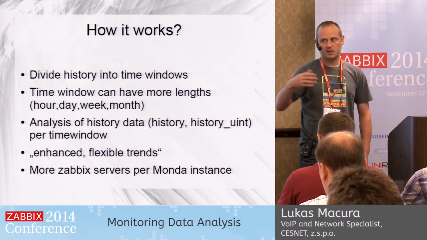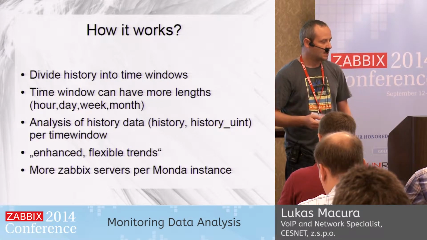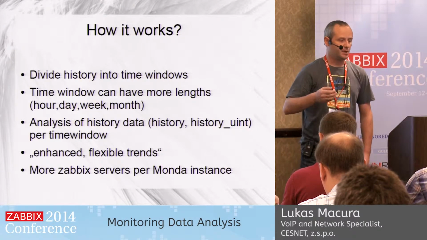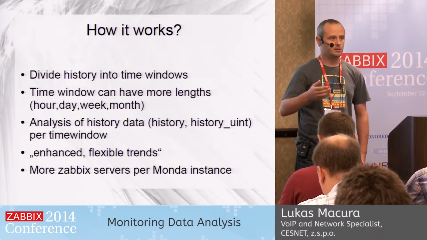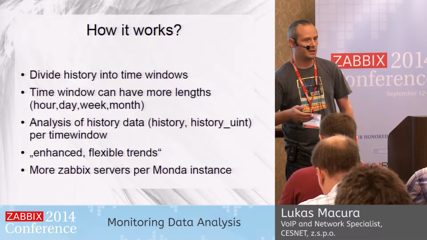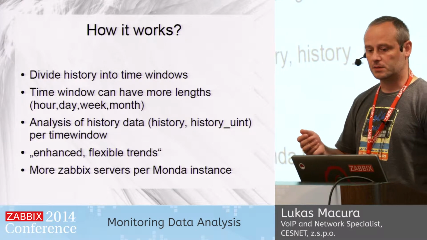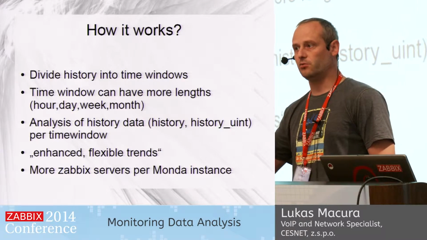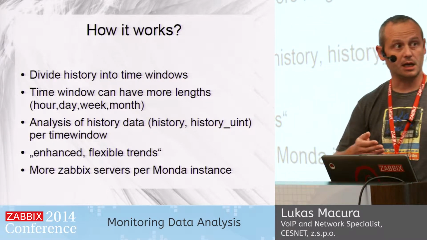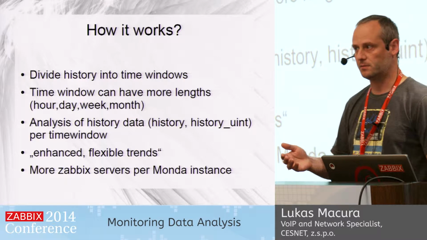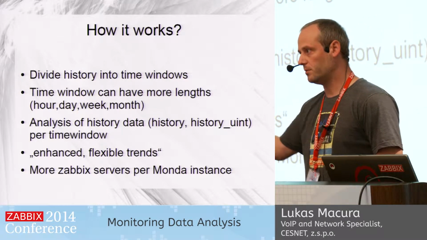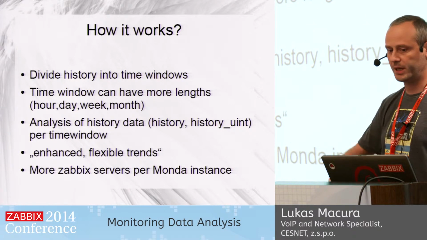And we are doing some analysis inside. Today only history and history_uint, so only numeric data. What's interesting, one Monda installation can be connected to more Zabbix servers, so you can get information from more servers in one place.